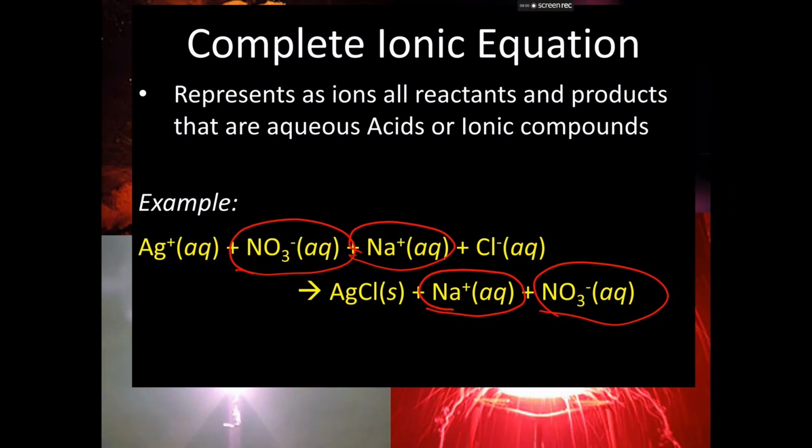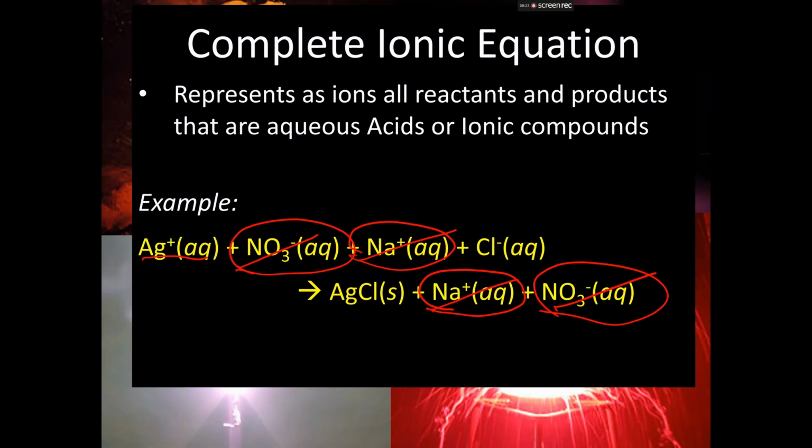While the complete ionic equation shows every single ion that is in that soup, in that aqueous solution, it does have ions that don't actually do anything. The nitrate doesn't change from the reactants to the products. The sodium ion doesn't change from the reactants to the products.